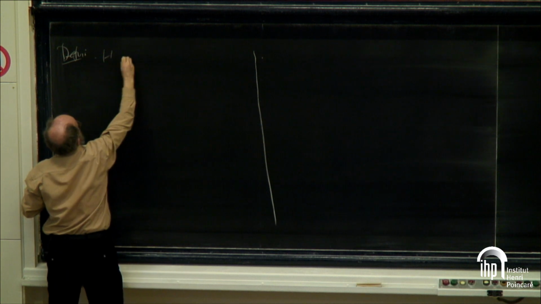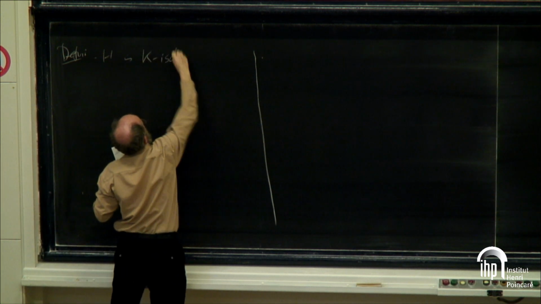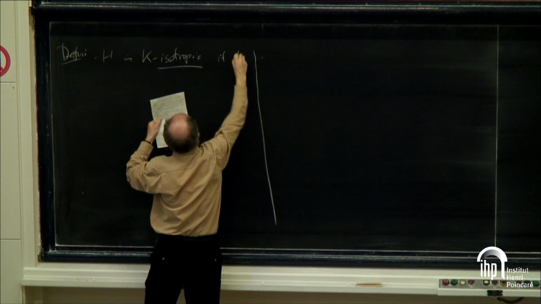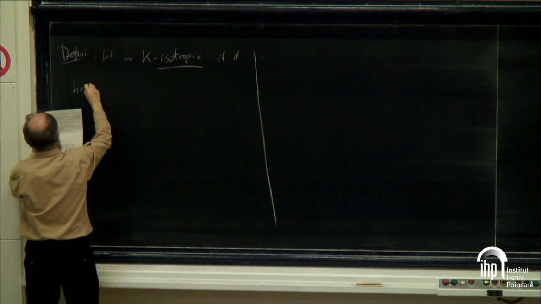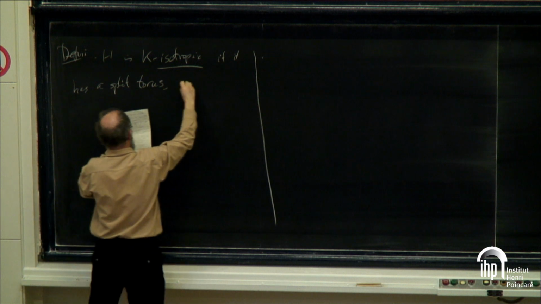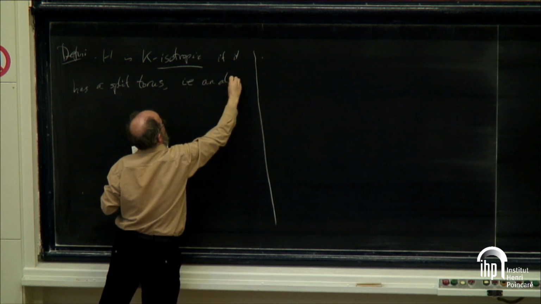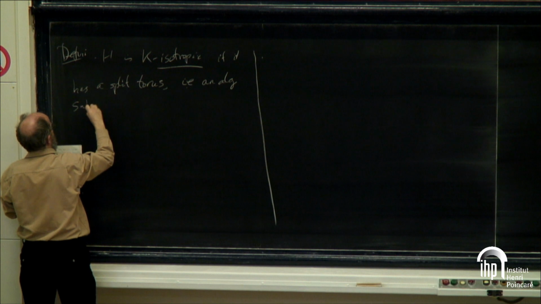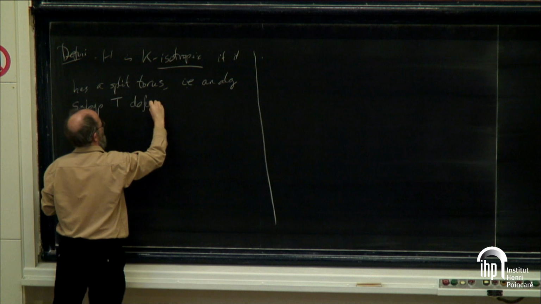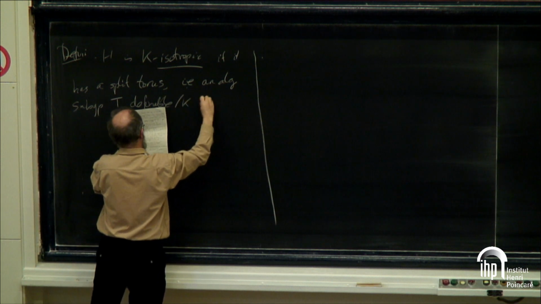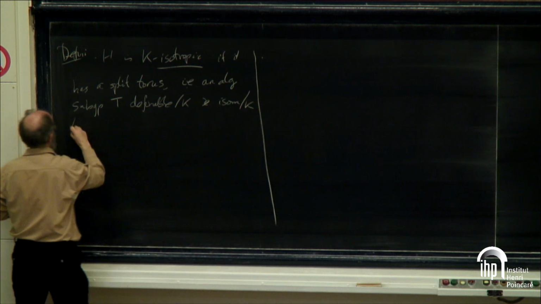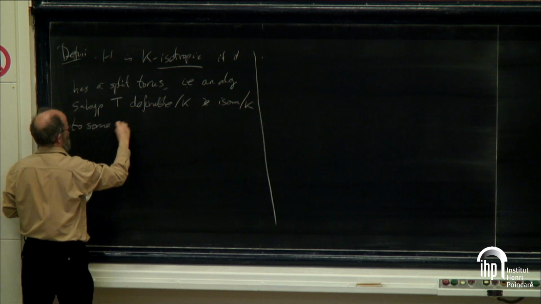H is k-isotropic if it has a split torus, i.e. an algebraic subgroup T definable over K and isomorphic over K to some power of Gm, the multiplicative group.